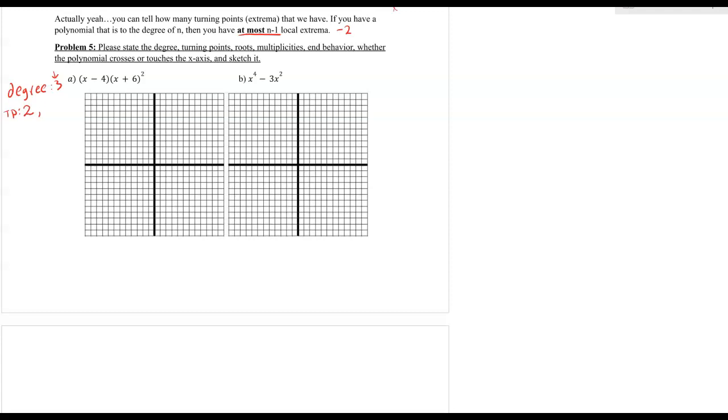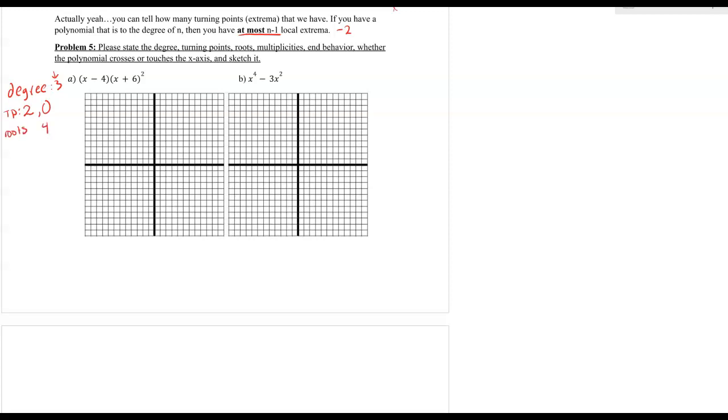Alright, so 2 or 0. It cannot be a negative number of turning points.